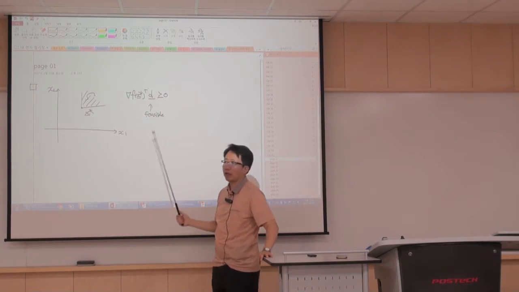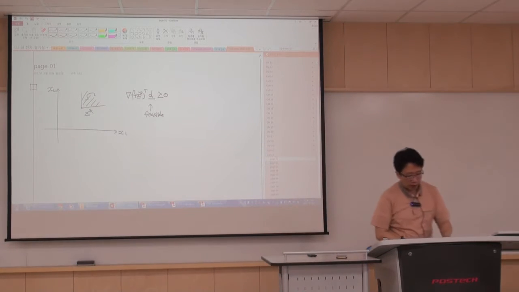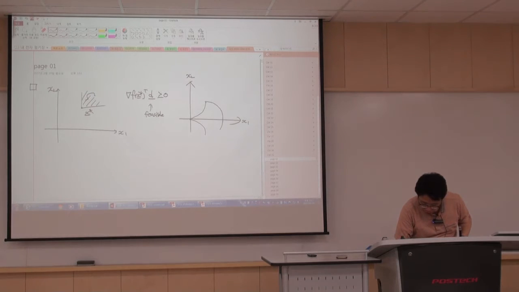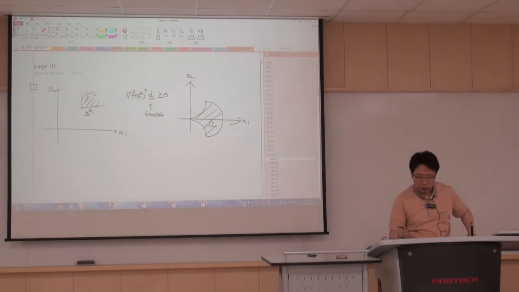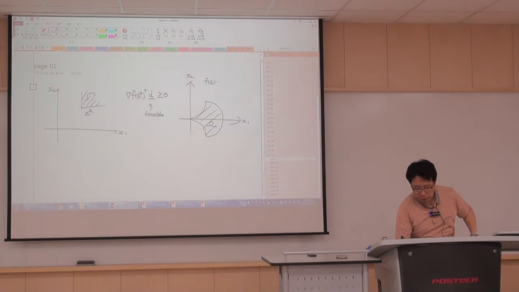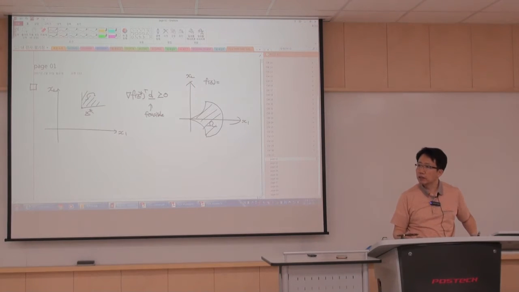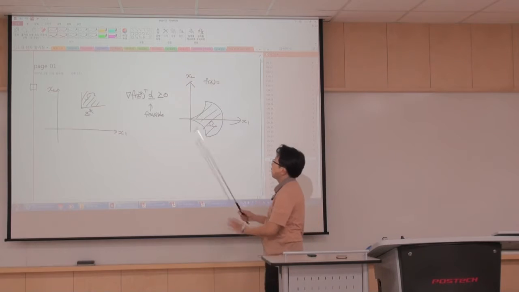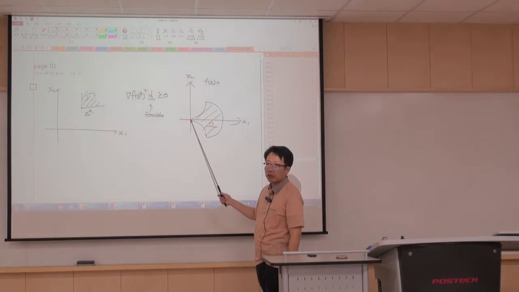But it is not, and I gave you an example. What was that? First, I introduced a very weird looking constraint set. You use circles to construct this constraint set omega. And I introduced an objective function that is quadratic, but having one positive eigenvalue and one negative eigenvalue, so that this point is a saddle point.